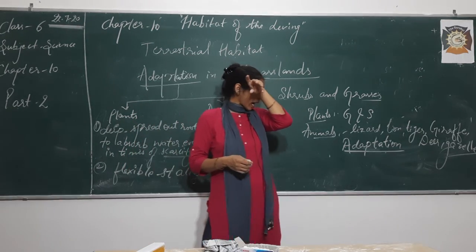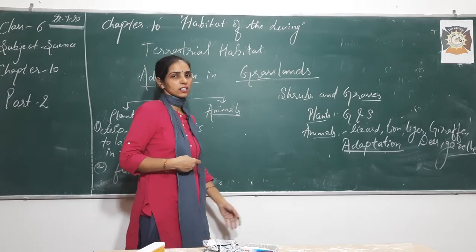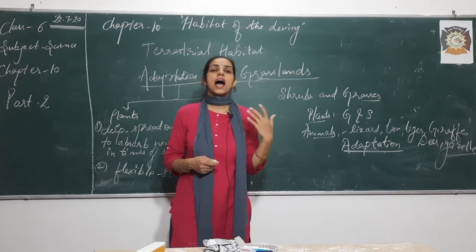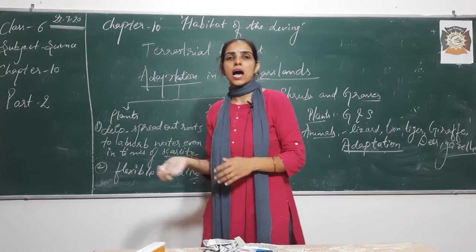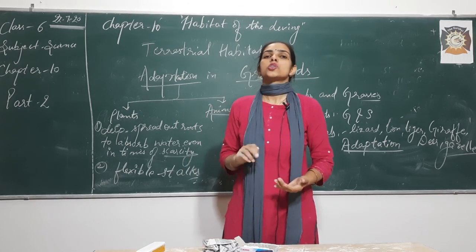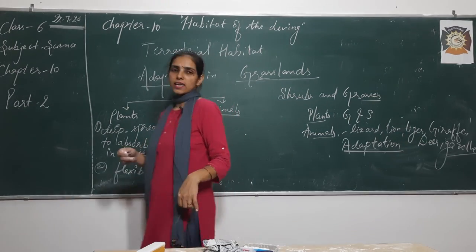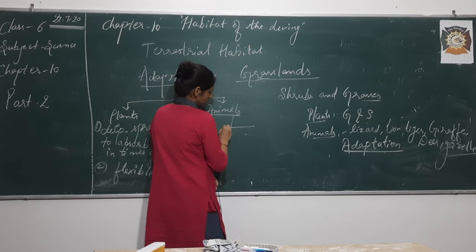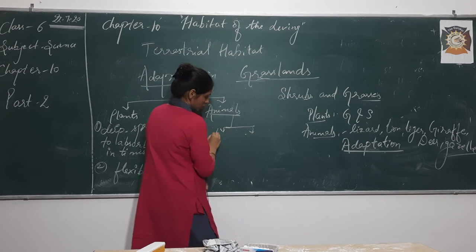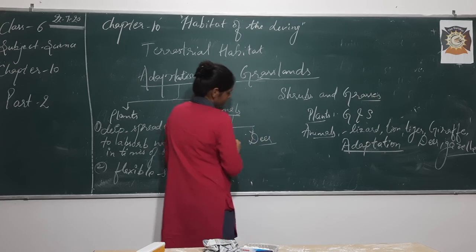So these animals like lion and deer have some special features, okay? These grassland animals have some special features to live in these grasslands. So what kind of features they are having? Let me tell you. We will discuss these two animals, lion and deer, by which you can get a clear idea.